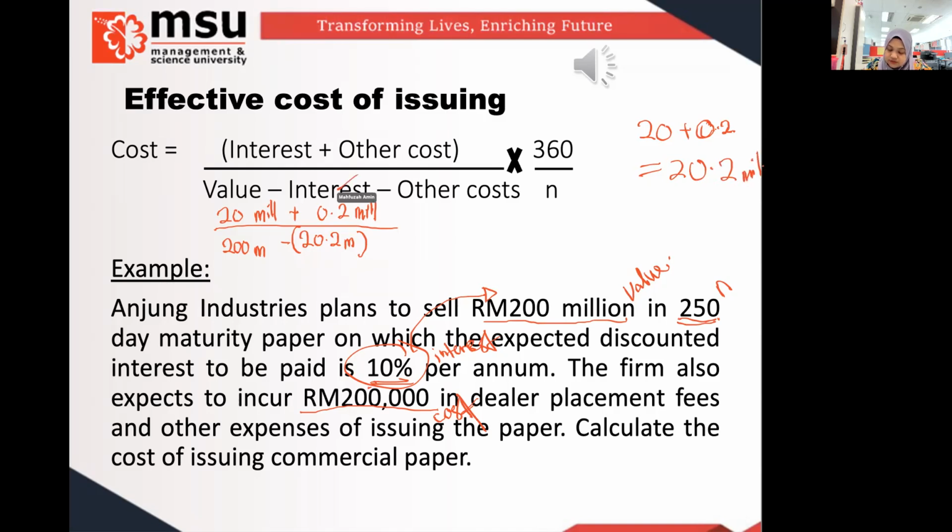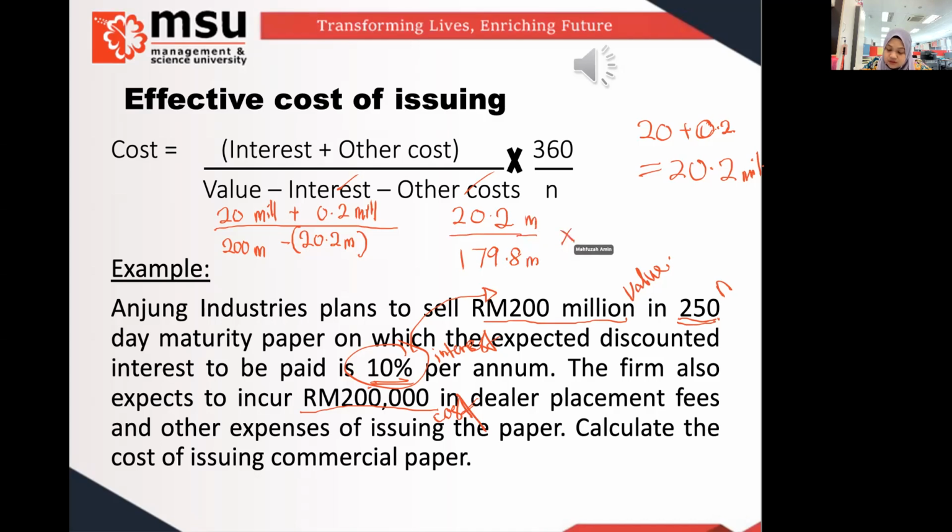So it is interest and other costs. You get it? Yes, madam. So 200 minus 20.2 is equal to 179.8 million. So both are in million.